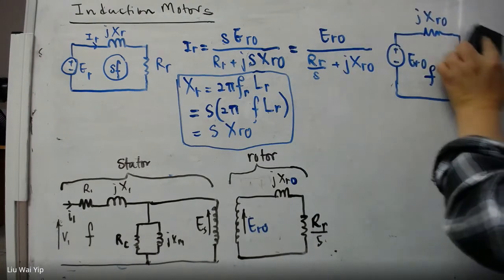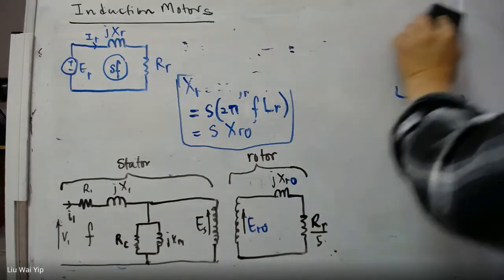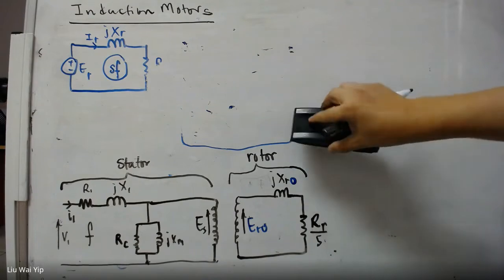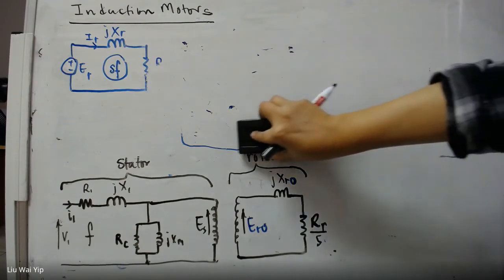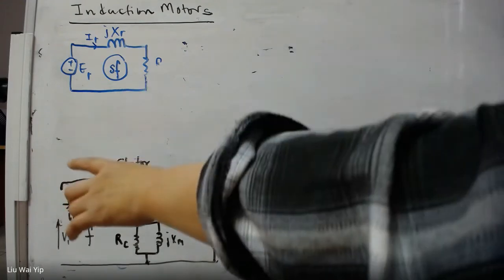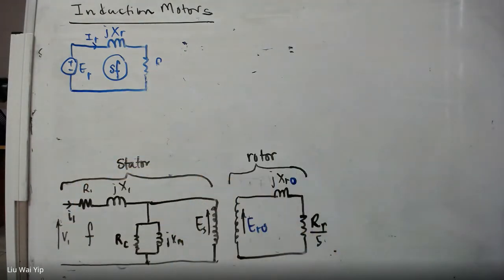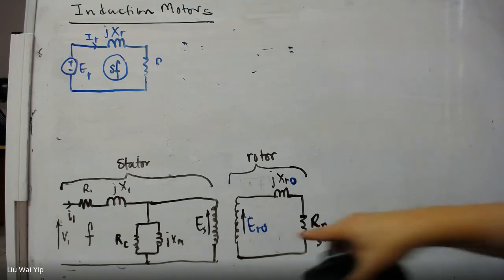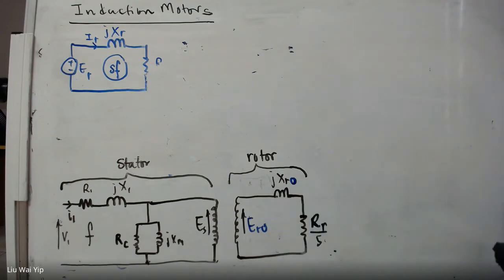So what we need to do now is to further simplify the transformer circuit here. The rotor of the induction motor has no wire connection, so you cannot measure the rotor resistance, and you cannot measure the rotor reactance. Of course, it's impossible to know the rotor EMF.